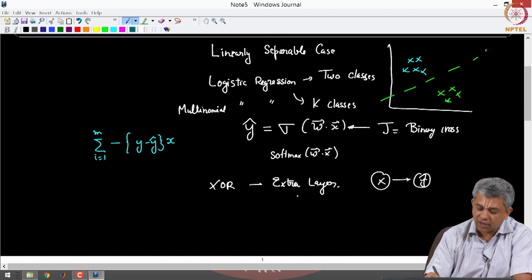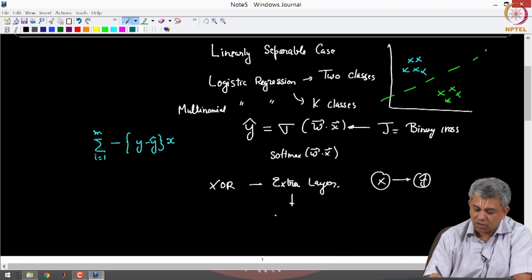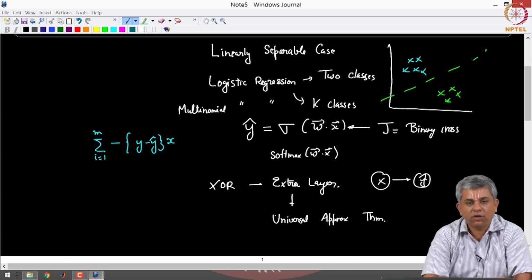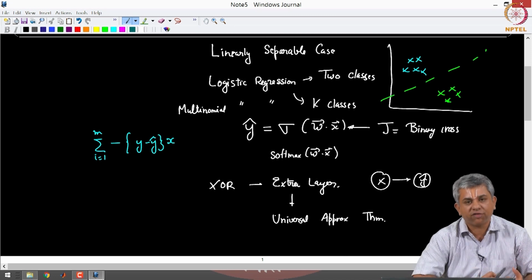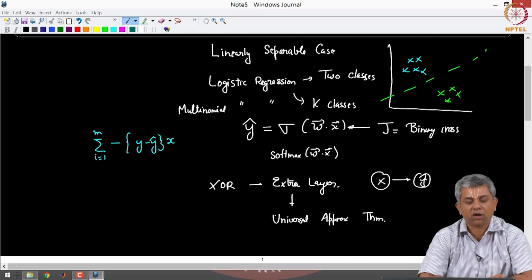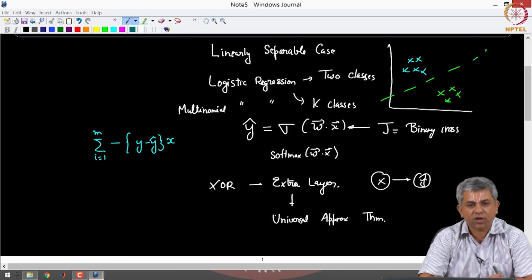However, with an extra layer, it is possible, it can be proved that you have the universal approximation theorem, which says that any function can actually be approximated to an arbitrary degree of accuracy, provided you are willing to increase your number of neurons. It is possible to approximate any function to an arbitrary degree of accuracy using one single hidden layer.